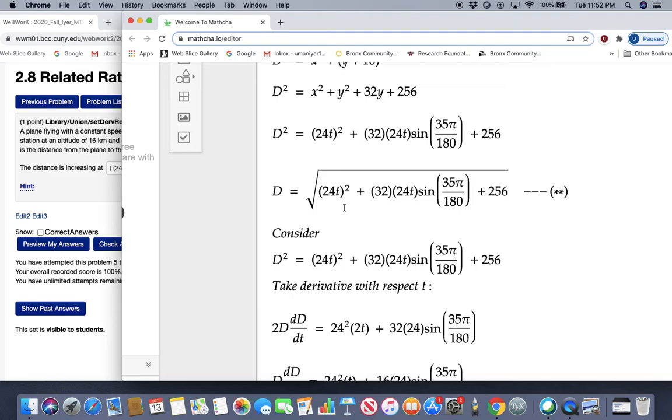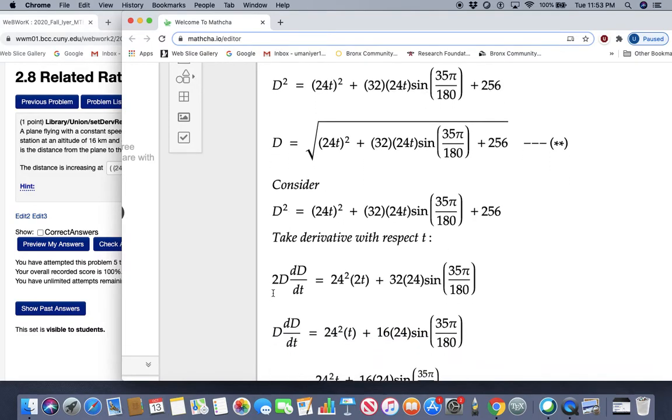That was only to find D. And now I want to find the derivative of D with respect to time t. I can take the derivative of this, or I can take the derivative of D squared. This is easier because there is no square root involved. So 2D dD/dt is 2, so notice 24 squared, and then t squared.